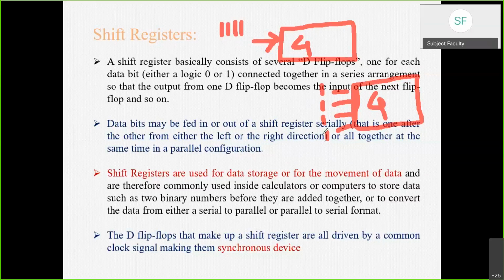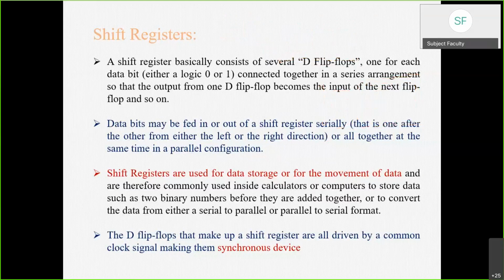Whereas here only one input was there, and through this one input you sent the 4 bits serially. You will send first this bit, then the second bit, then the third bit, and then the fourth bit. So that is serial configuration, and if you give simultaneous inputs, then it is called parallel configuration. So I hope you got the difference between serial configuration and parallel configuration.